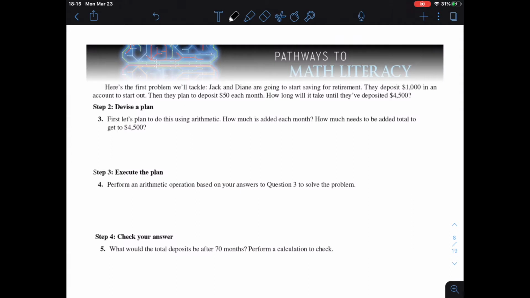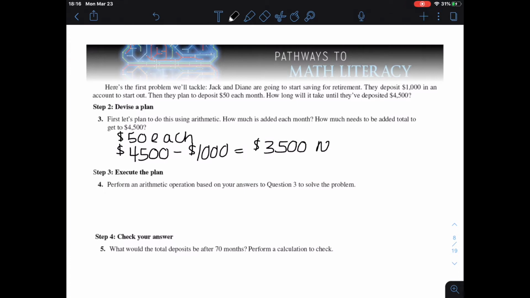So how much is added each month is $50. We're starting with $1,000, so what we need to add is $4,500 minus $1,000. So we're doing $50 each month, which means $3,500 needs to be added. Okay.